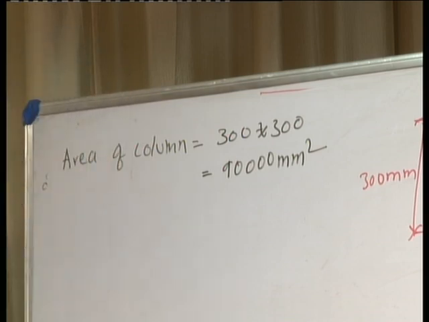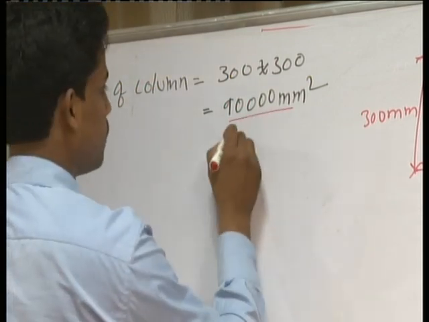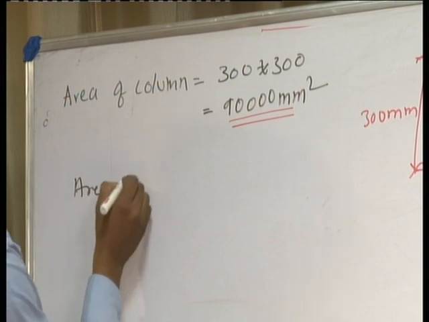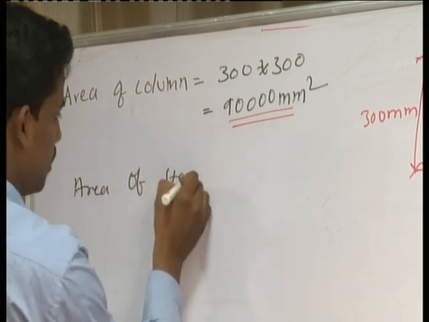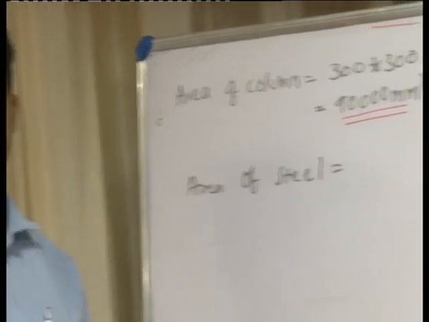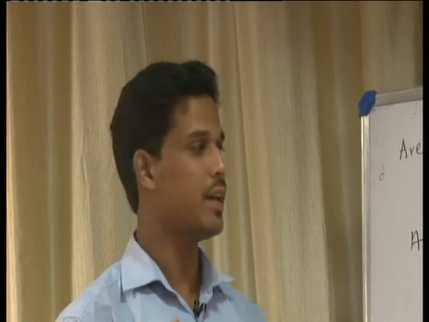Now, after calculating the area of the column, we have to calculate the area of steel. We know the column contains 8 bars. If we calculate the area of 1 bar and multiply by 8, we will get the total area of steel.